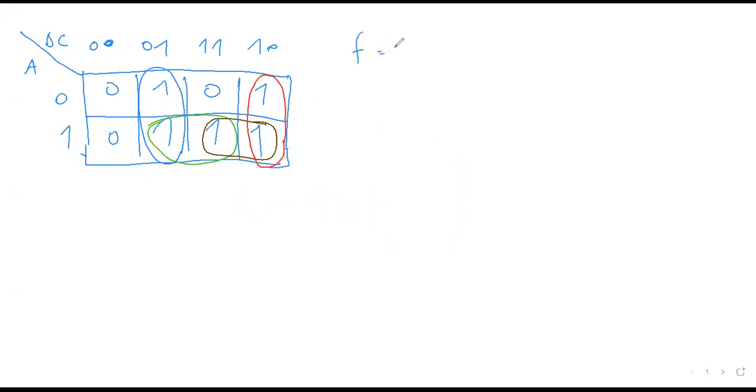Where are we coming from? We came from f is equal to, just for perspective, the sum of minterms 1, 2, 5, 6, 7. Normal way of finding this expression.